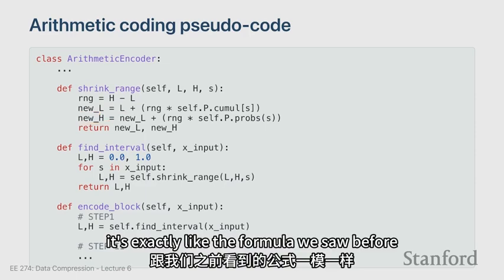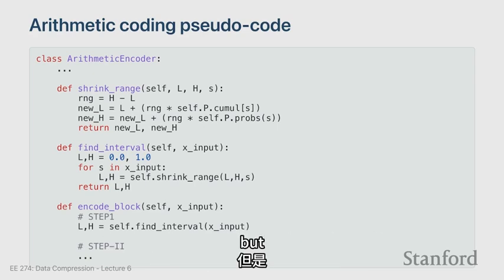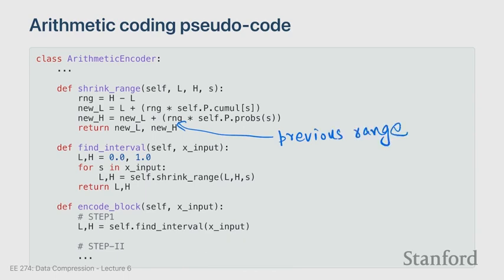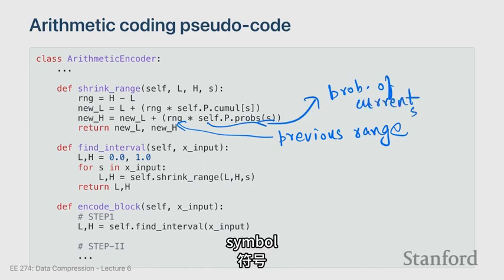It's exactly like the formula we saw before, represented in a slightly different notation. But yeah, I encourage you to look at it. Here, for example, RNG is like the previous range, right? This thing is probability of the current symbol, right?